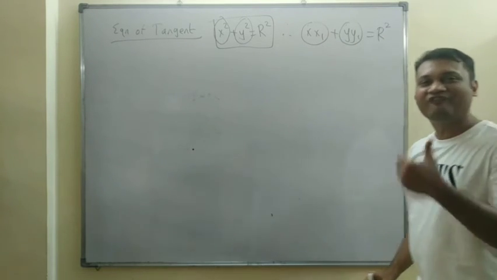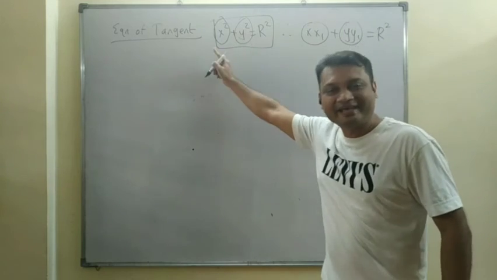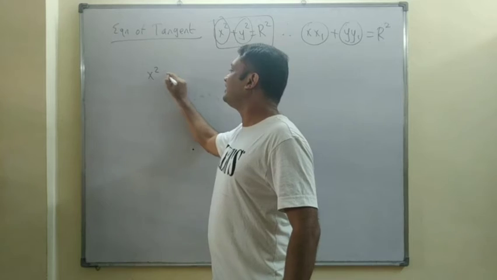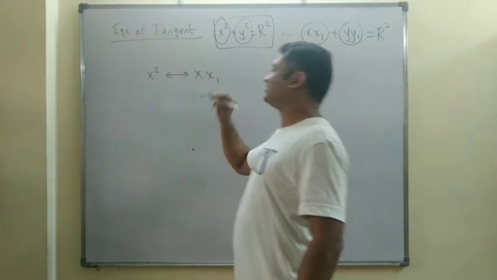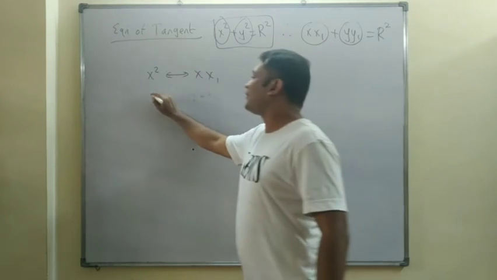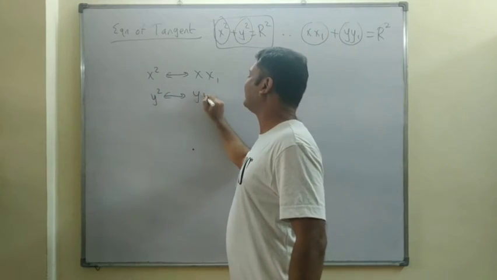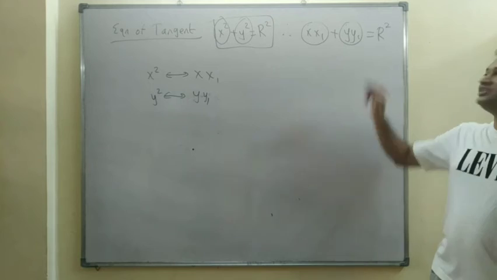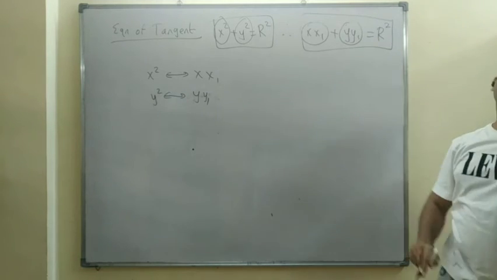So the equation of the tangent to this circle, x square plus y square is r square, we can get by substituting x square as xx1 and y square as yy1. So this is the substitution we make to get the equation of the tangent to a circle in standard form.